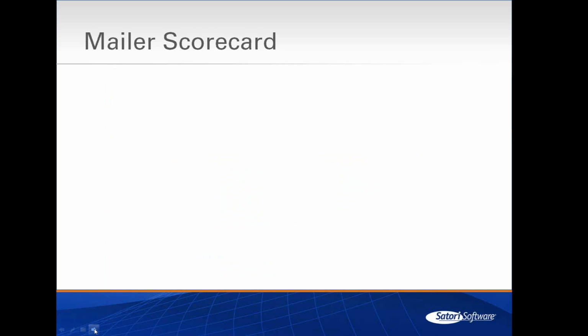And the mailer scorecard is a way for you to, let's see if this is going to come up here. Basically what it'll do is it's going to allow you to see all the information from your full service mailings. I'm not sure why that's not showing up.